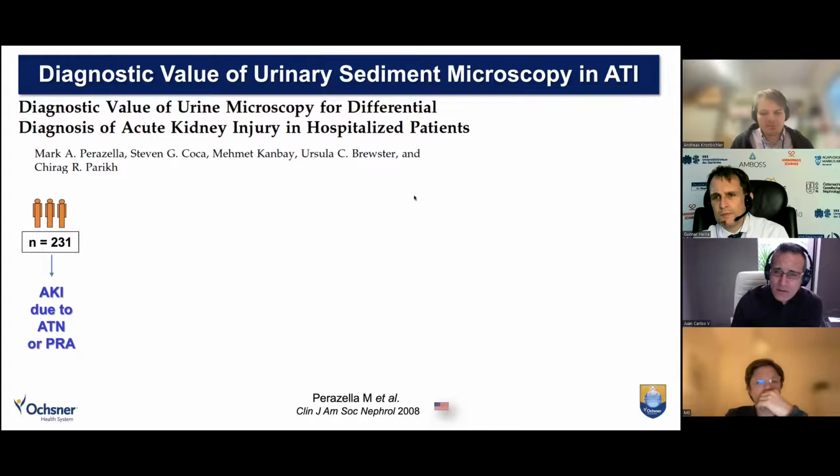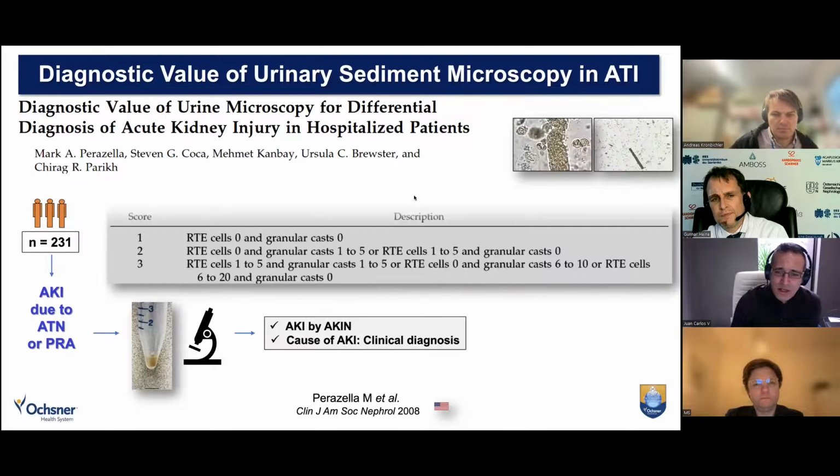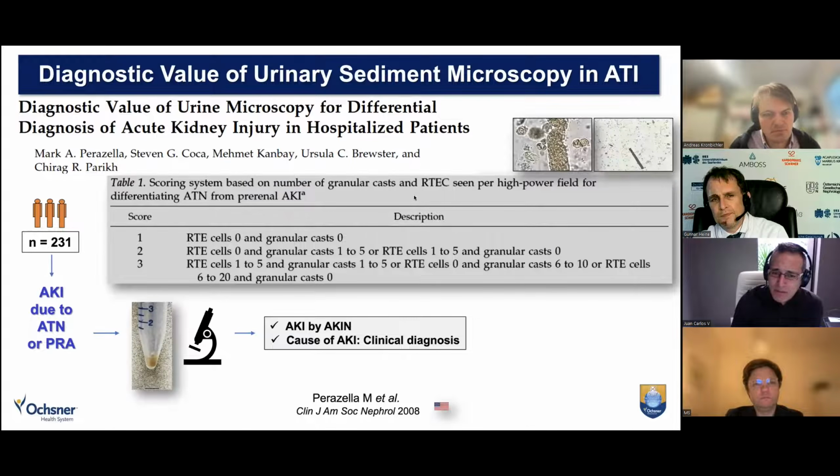And the cause was acute tubular necrosis versus prerenal azotemia. They conducted urine microscopy. The investigators were blinded to the clinical history. They came up with this score system where they scored the sediment based on the number of renal tubular epithelial cells and the number of granular casts.